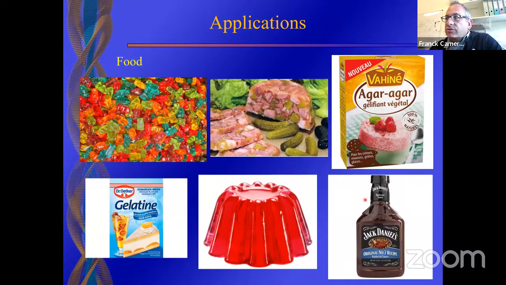And of course, another big application of gels is in the food industry. You can have some candy, you probably know these small bears. You can also have jelly cake, and you use gelatin or agar-agar as gelling agent for making some cakes. And you can also find some in sauces.